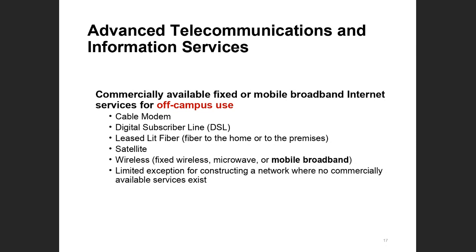So that could be cable internet, copper DSL, could be fiber, satellite, wireless, and that would include a fixed wireless solution, which might be useful in a rural area, microwave, not a popular choice in Kentucky as far as I'm aware, and then the biggie would be mobile broadband. So that would be the cellular data plan that goes with a hotspot device.